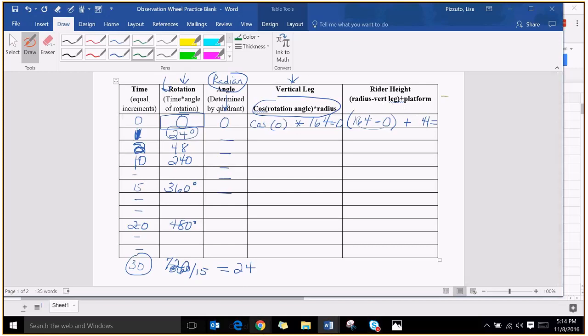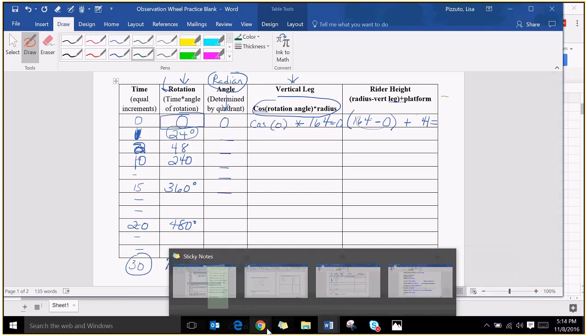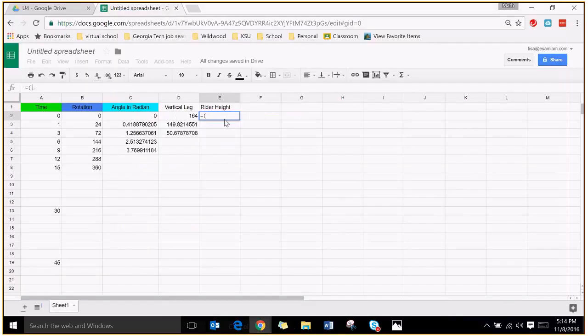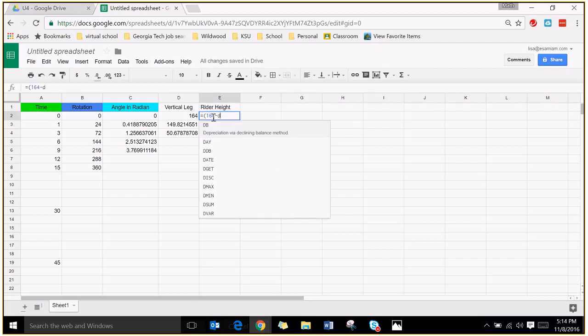So if I take the radius, and we said our radius was 164, minus D2, because that's where my vertical leg is, and then close parentheses, plus, what's your platform height?